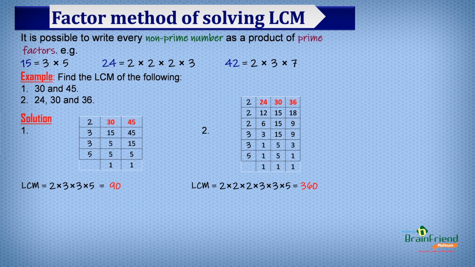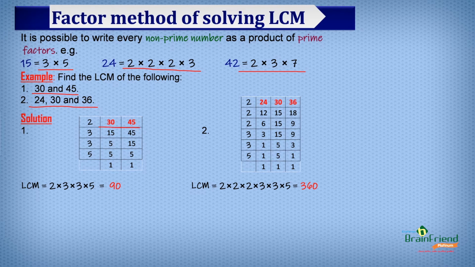The number 15 has the factors 3 and 5. 24 has prime factors 2 multiplied by 2 multiplied by 2 multiplied by 3. 42 also has these factors 2, 3, and 7. Now, this example here says find the LCM of the following. Of course, we are using the factor method. So we have 30 and 45, and 24, 30 and 36.